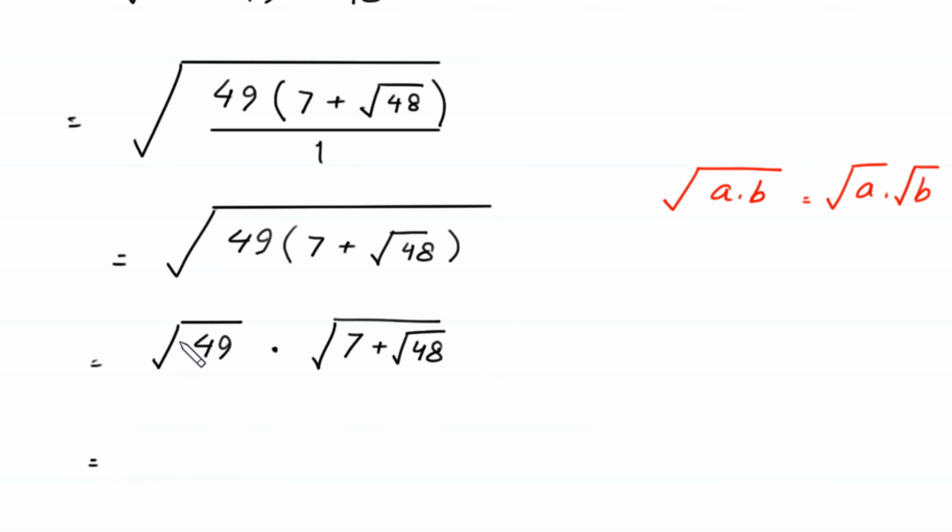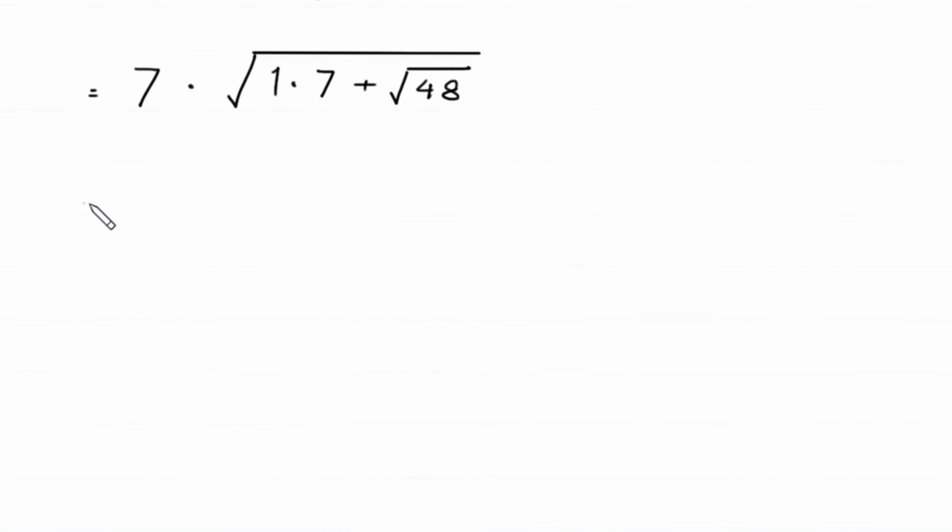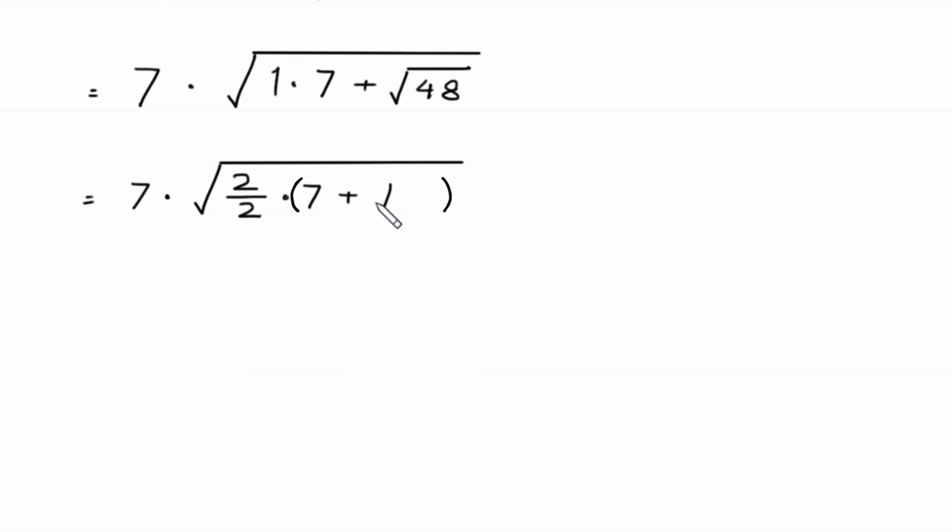Next, this square root of 49 is equal to 7 times, we can write this square root of 7 plus square root of 48 as square root of 1 times 7 plus square root of 48. Next, 7 times square root of, now we can write this one as 2 divided by 2 times 7 plus square root of 48.